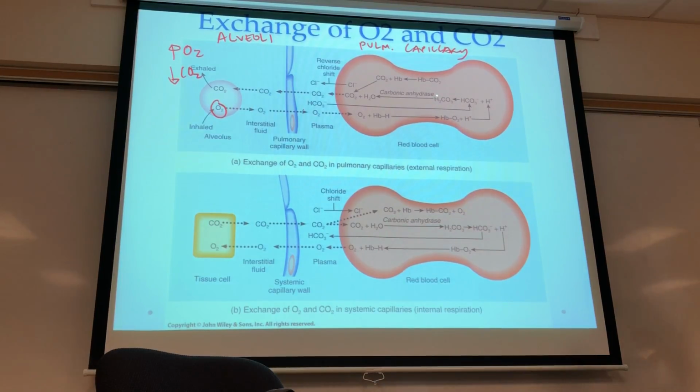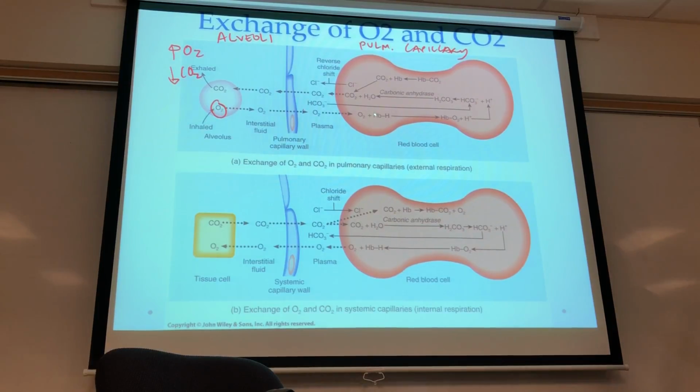Carbonic anhydrase facilitates that conversion of carbonic acid into CO2 and water. That CO2 then diffuses out of the red blood cell into the plasma, and then from the plasma down into the interstitial fluid, and then back into the alveoli. So with O2 comes off CO2.